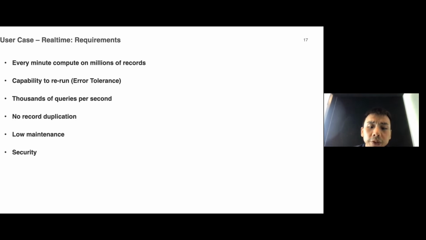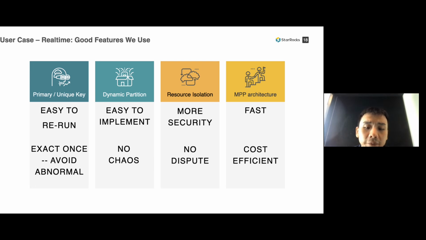Some good features in StarRocks I have to mention for this user case: the primary and unique key, dynamic partitions, resource isolation, and MPP architecture. Recently, StarRocks published a lot of videos and documentation about the MPP architecture.